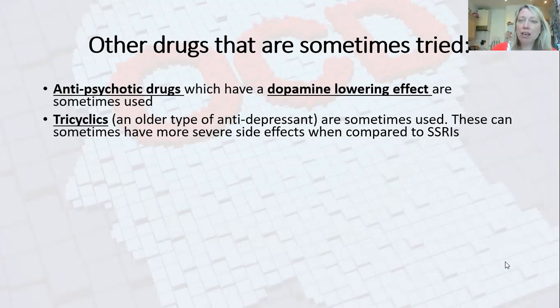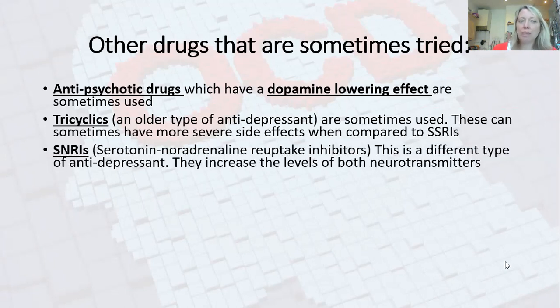Now, if tricyclics haven't worked, then they might try SNRIs. And again, you need to remember this. Now, that stands for serotonin noradrenaline reuptake inhibitor. Now, noradrenaline is really complicated because sometimes it's a neurotransmitter, other times it's a hormone. So you've come across it in the fight and flight, sympathetic and parasympathetic nervous systems.